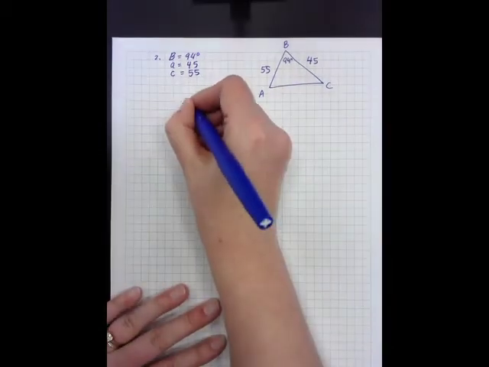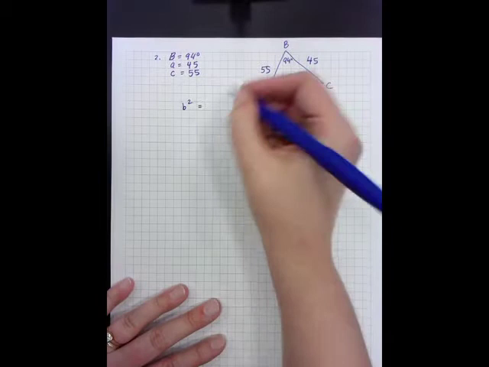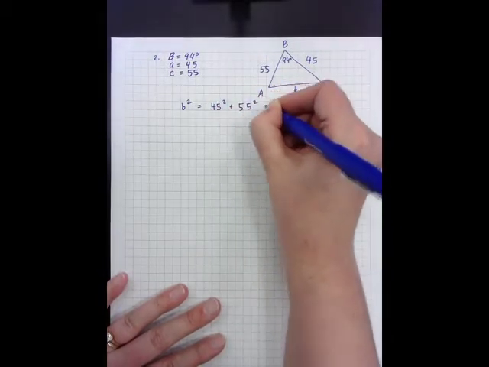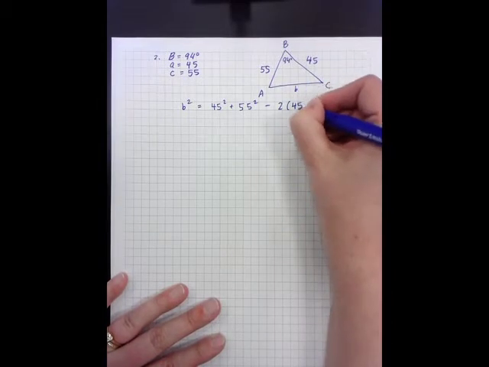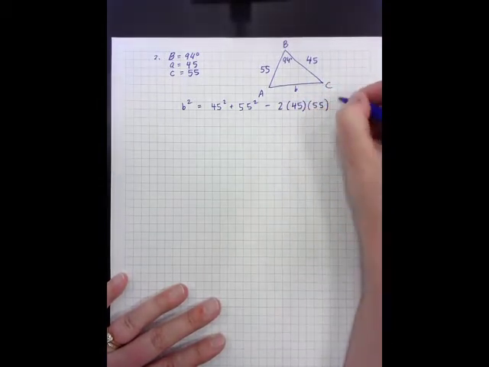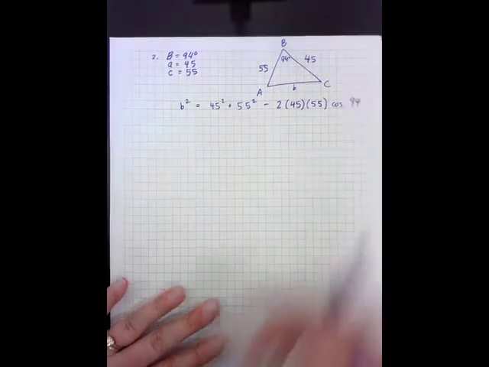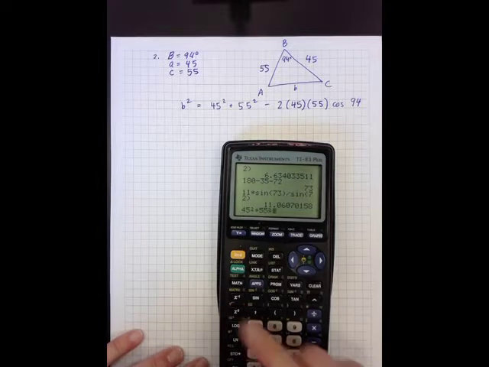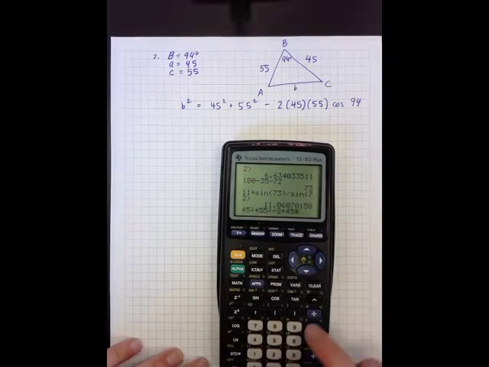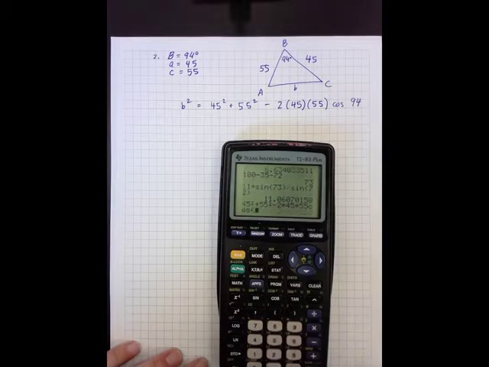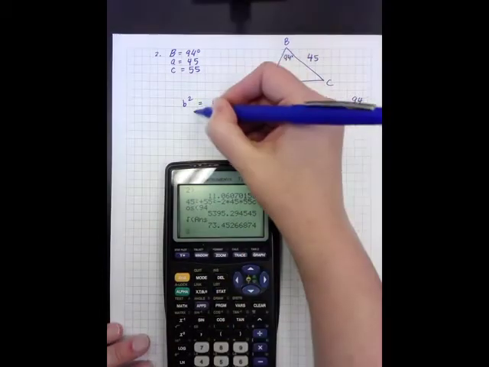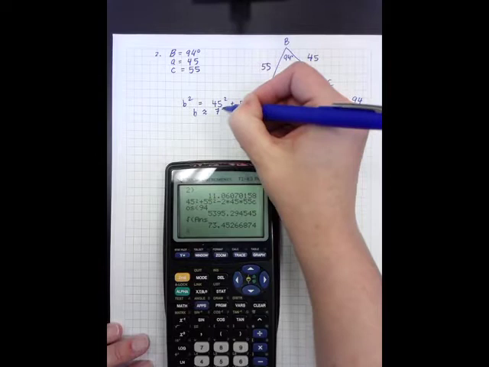So I want to know side B. So I have B squared equals A squared plus C squared minus 2 times A times C times cosine of angle B. I'm going to put this whole long string into my calculator exactly as it is so that I don't lose any significant digits. And then I can square root that, and I get that B is approximately 73.45.